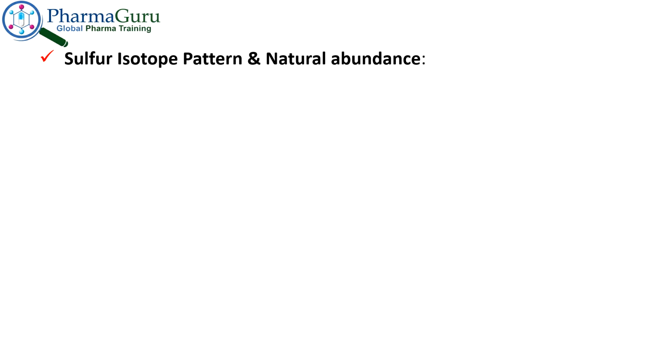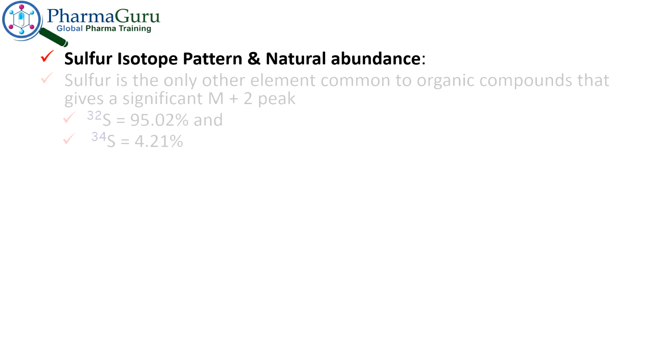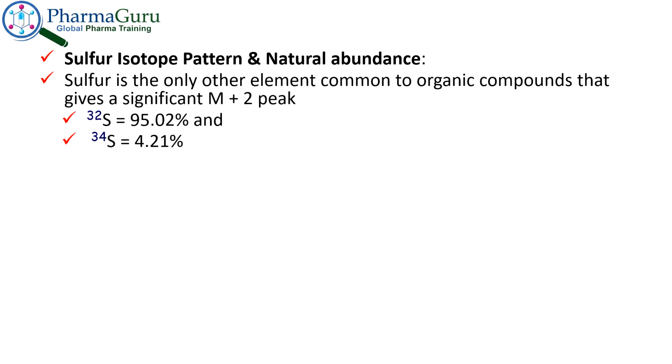Sulfur isotope patterns and natural abundance. Sulfur is the only other element common to organic compounds that gives a significant M plus 2 peak. Sulfur 32 is 95.02 percent, sulfur 34 is about 4.21 percent.